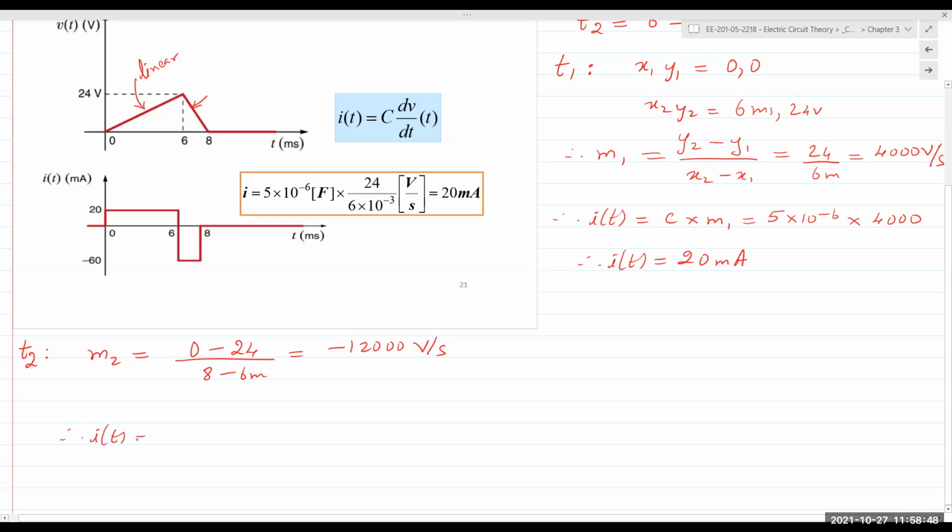Therefore, I of t is equal to 5 times 10 to the minus 6 times minus 12,000. And therefore, I of t will be minus 60 milliamps, which if you plot it out, you get 20 here and minus 60 here. Okay, any questions?